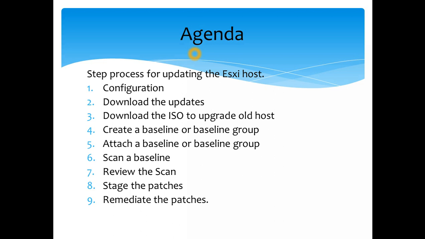We can have your vCenter itself download the updates automatically, but if you are in an organization where there are restrictions for your vCenter to reach out, you can have a VMware download service server installed within your organization, and you can get all the vCenters to contact this update download server and pull the updates from there.